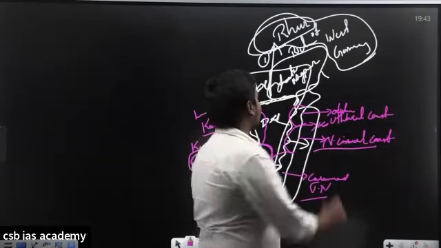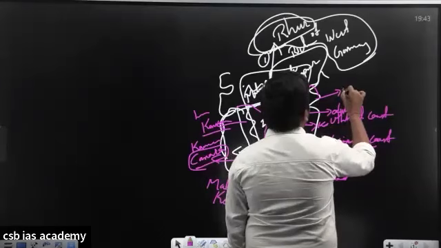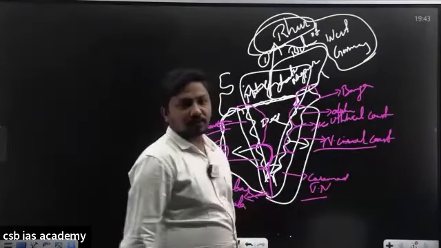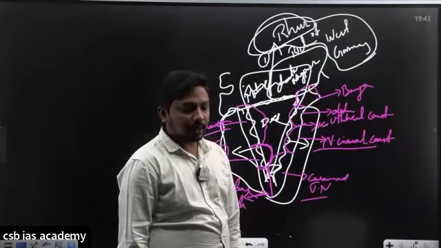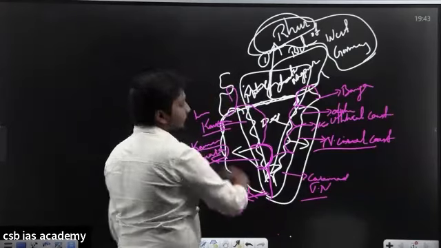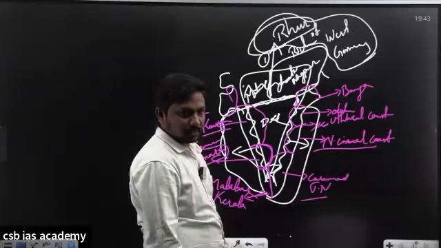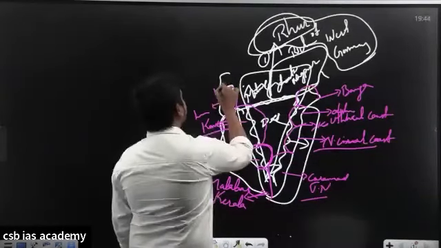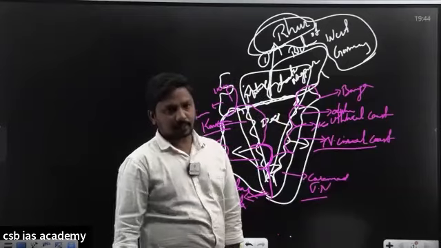Just now I said Banga. Coast of West Bengal is known as a Banga coast, right? And the coast of Gujarat. It is Gujarat coast and Kutch coast in the Kutch region.